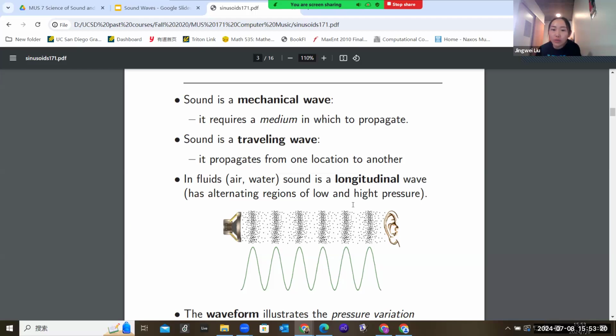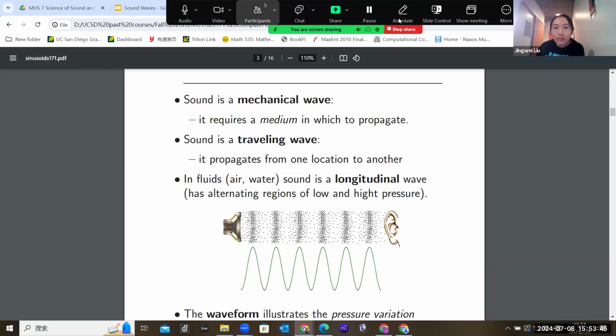But in order to depict this more clearly, because if the particle is moving in the same direction as the sound wave, it's difficult to draw it on a plain paper. We only have a two-dimensional plain paper, and we want to draw the movement of the particle. Usually, we draw it as a transverse wave, like here.